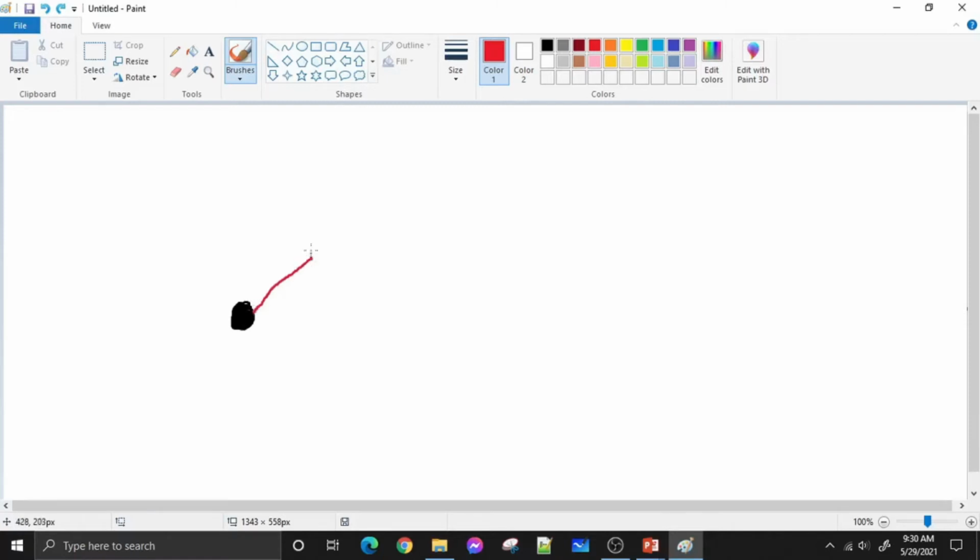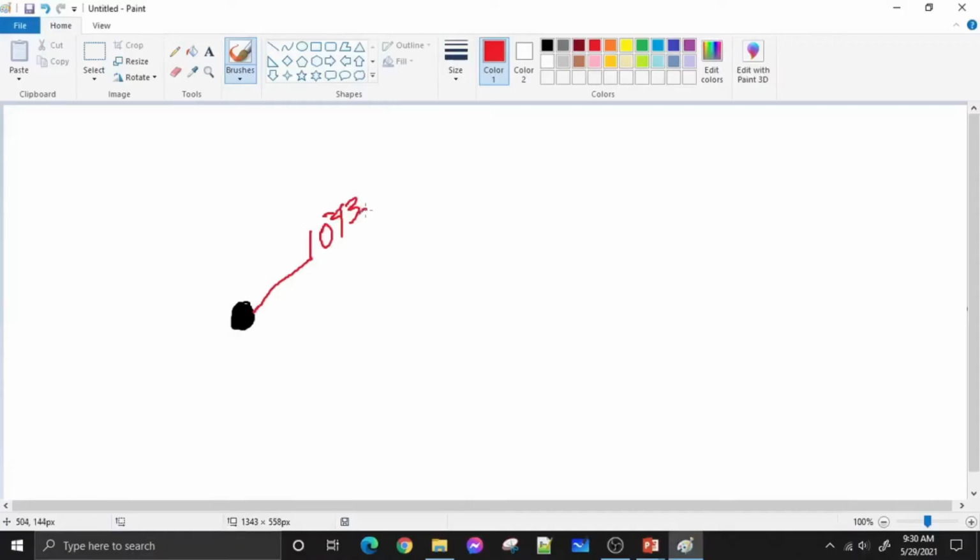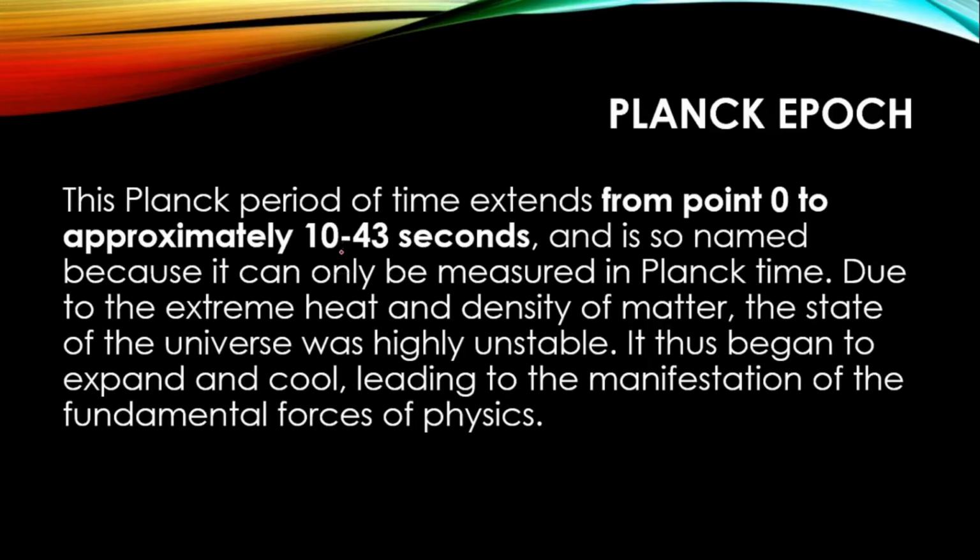So 10 to the power of negative 43 seconds. Okay, so this is now your first period of the Big Bang, the first phase. It began to expand, to scatter, at around 10 to the power of negative 43 seconds.